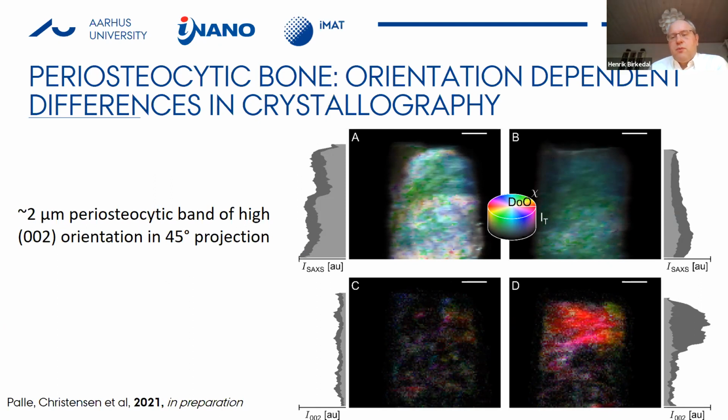But when we turn the sample 45 degrees, we see that there's this patch, roughly 2 microns around the osteocyte lacuna, where there's a very distinct crystal orientation. So using these nanometric X-ray beams, we begin to be able to unravel the fine details in the periosteocytic region.